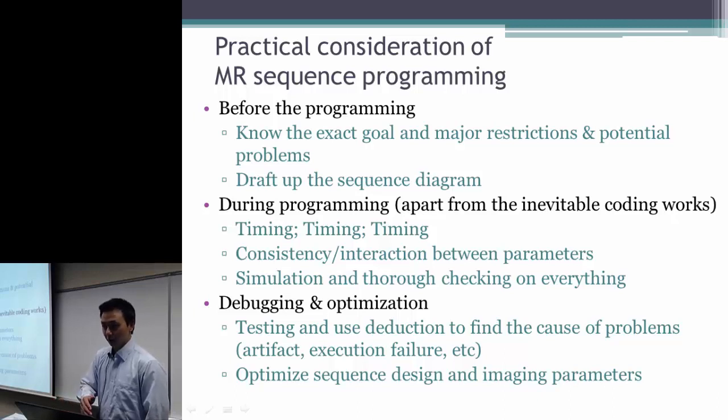Sometimes when the sequence is not ready, you will see the sequence not working, stopping halfway, or giving you an image with artifacts. So you try all kinds of methods to determine the cause of those problems. After the sequence is running smoothly, you can further optimize the sequence design and imaging parameters and see if there is any room for optimization.